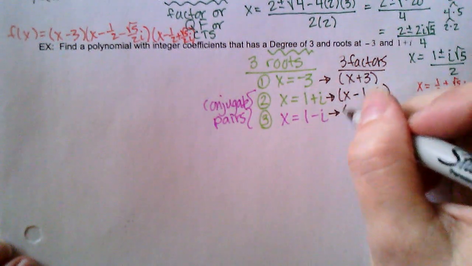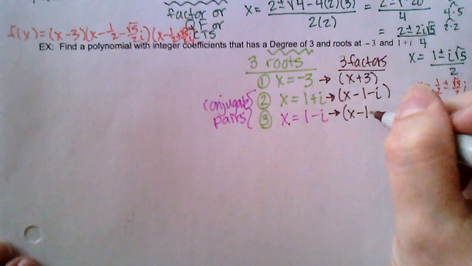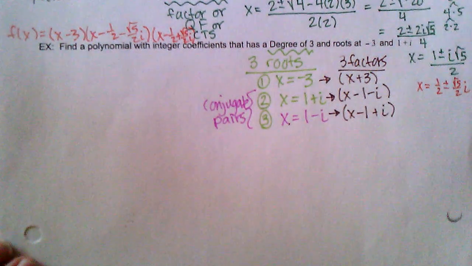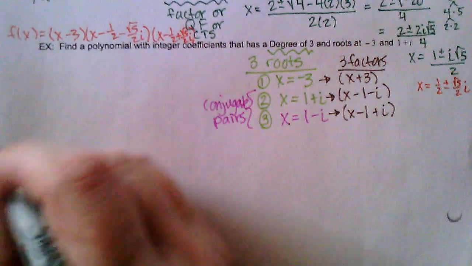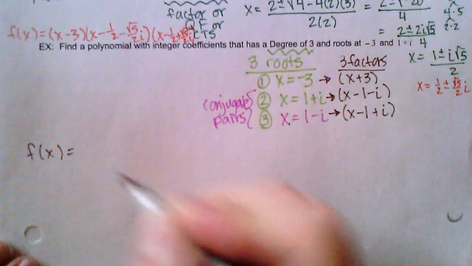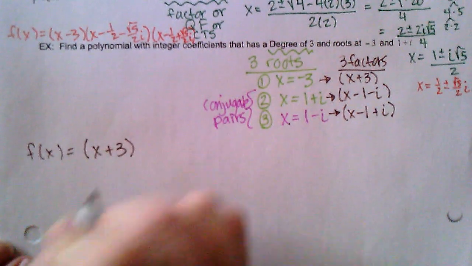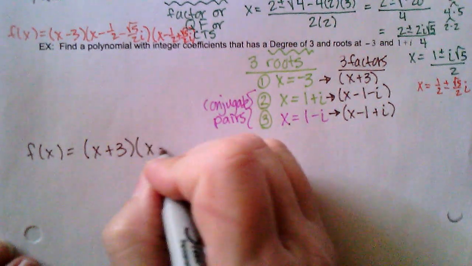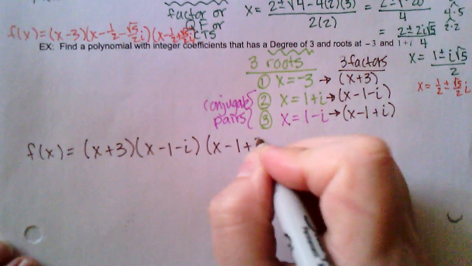And the same thing here. Move the 1 over, so it's x minus 1. Move the i over, so it becomes plus i. So we're going to take our 3 factors and put them back into function form by multiplying them. So x plus 3 times x minus 1 minus i times x minus 1 plus i.